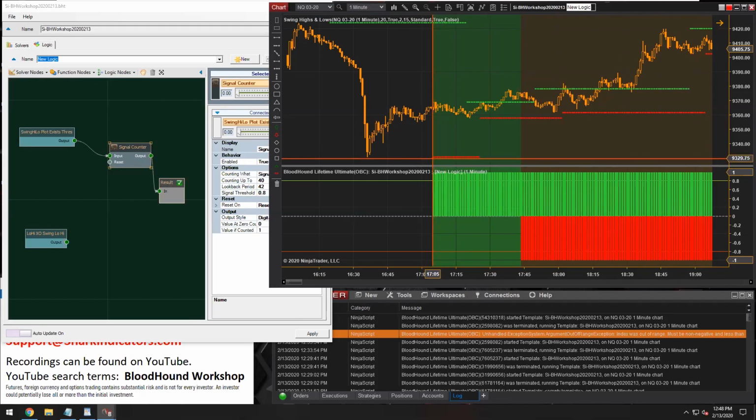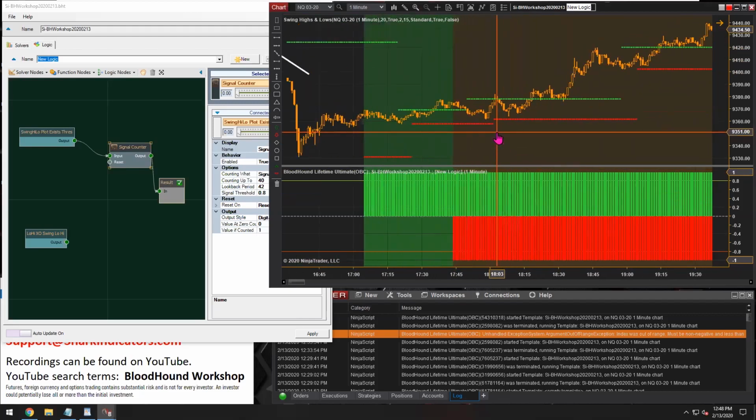As soon as a swing low starts to plot, then 40 bars later we're going to get a low output. And the swing high, we can see started plotting back here, and then 40 bars later we're getting a long output. But we're always getting an output because there's always a plot.